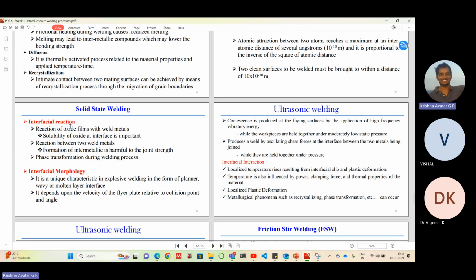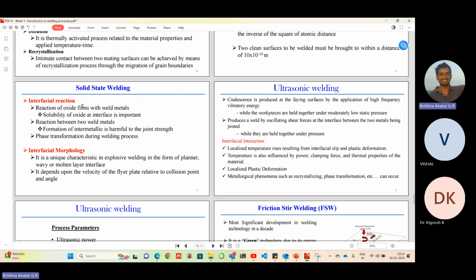And then we have the interfacial reaction, where there is a reaction of oxide films with weld metals. The solubility of oxide at the interface is important. And we could have a reaction between two weld metals, and this will lead to the formation of intermetallic bonds, which could be harmful to joint strength. There could also be phase transformation during the welding process.